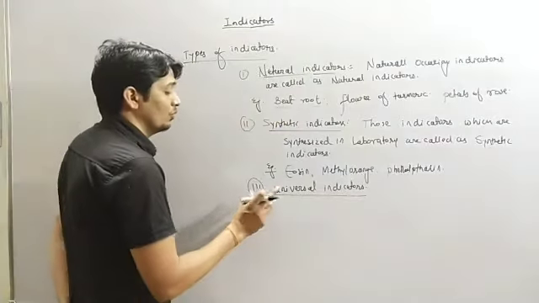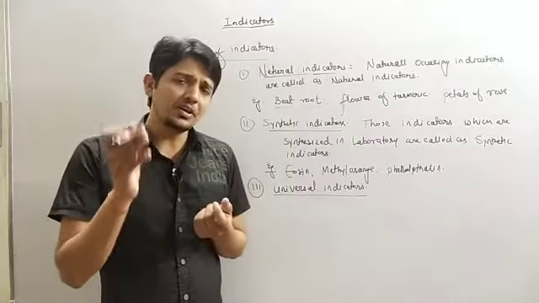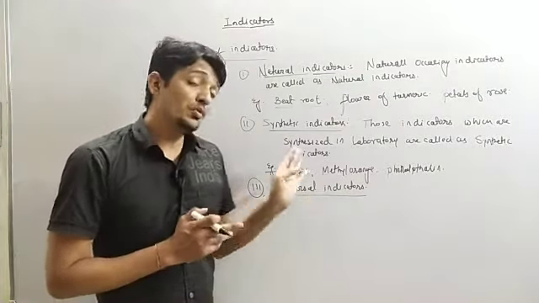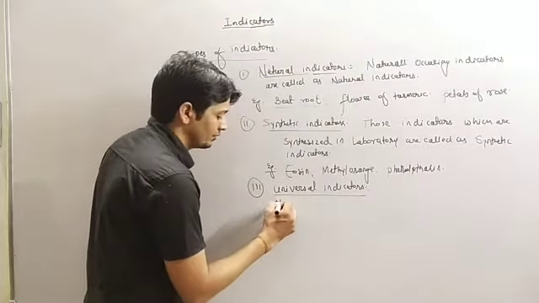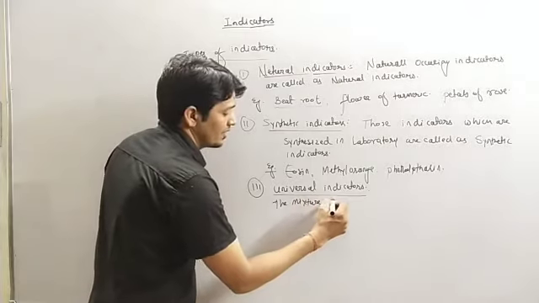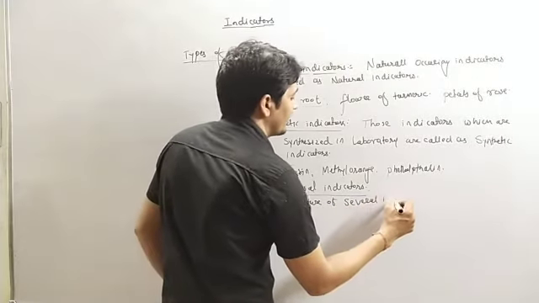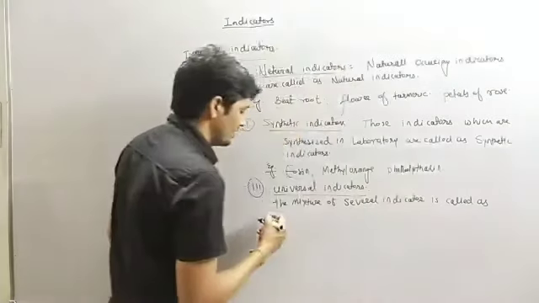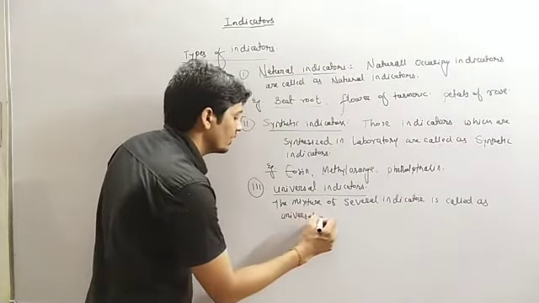Okay, so what are universal indicators? The mixture of several indicators is called as universal indicators. So we can write here the mixture of several indicators as universal indicators.